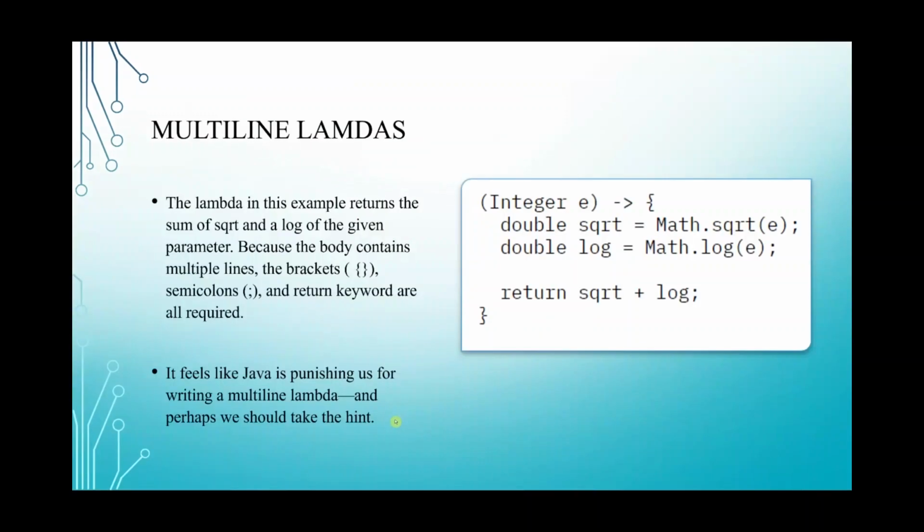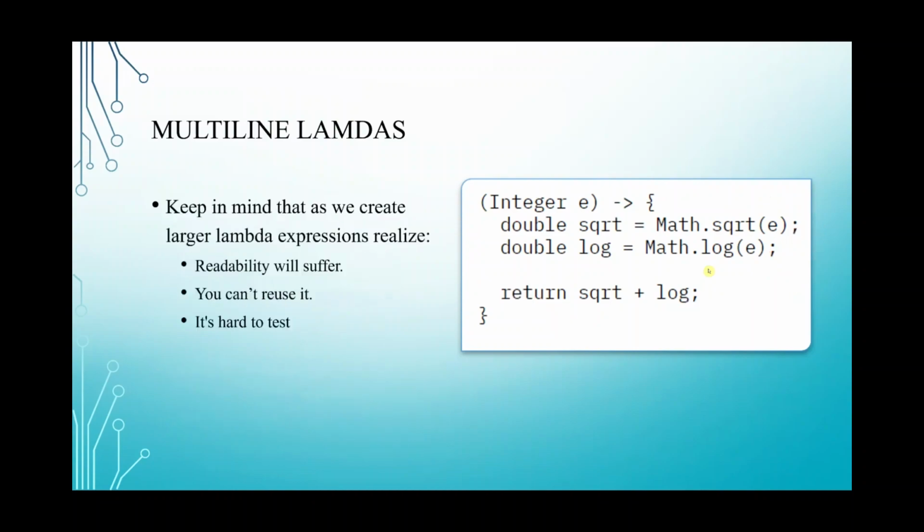Okay, so if you have multi-line lambdas like this, you have to use curly braces, right? And you have to use semicolons for each statement. It feels like sometimes Java is punishing us for writing multi-line lambdas, and perhaps we have to take a hint.